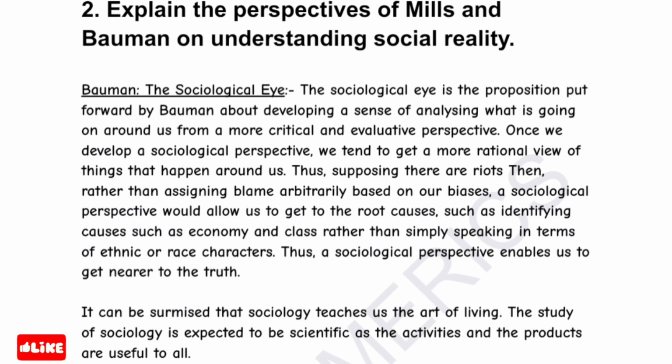Thus, a sociological perspective enables us to get nearer to the truth. It can be surmised that sociology teaches us the art of living. The study of sociology is expected to be scientific as the activities and the products are useful to all.